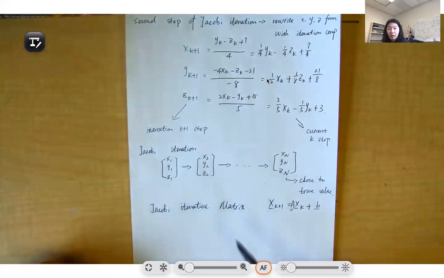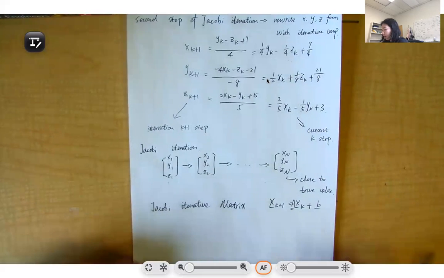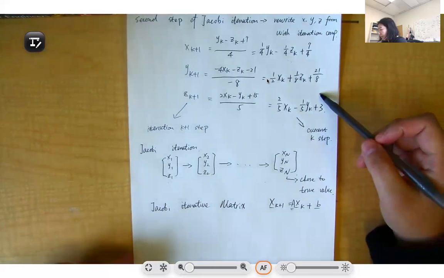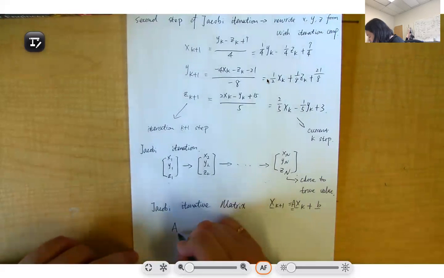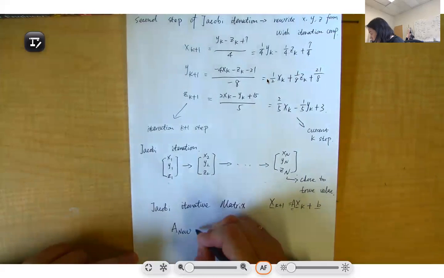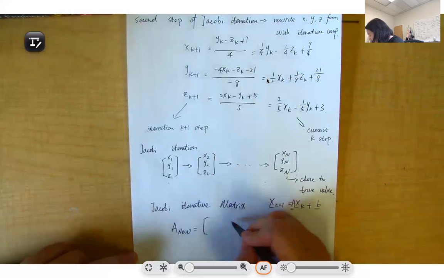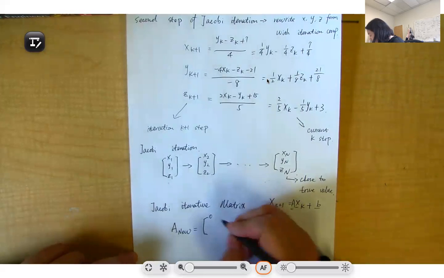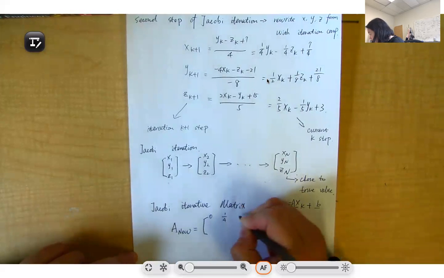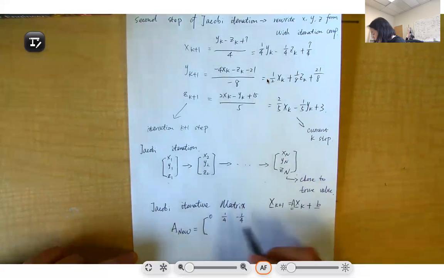So we can write our Jacobi iterations for this problem, this 3x3 system. The A, which is the Jacobi iterative matrix, will be 0, 1/4, minus 1/4.